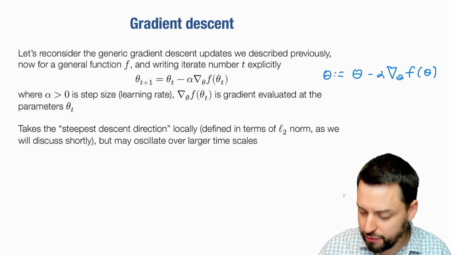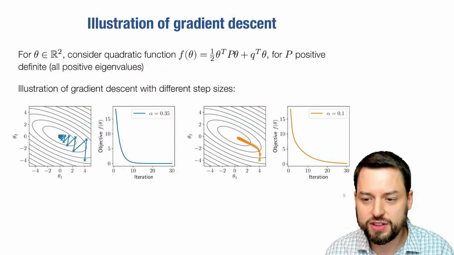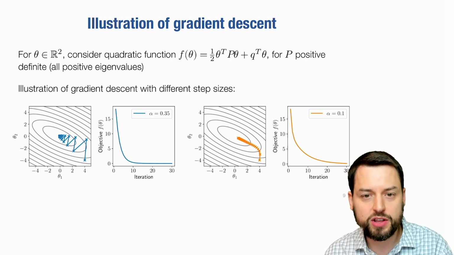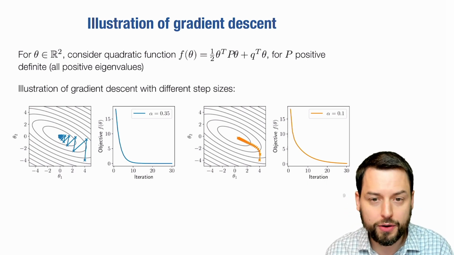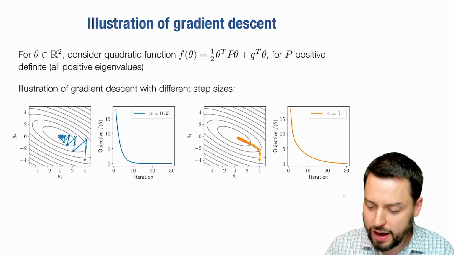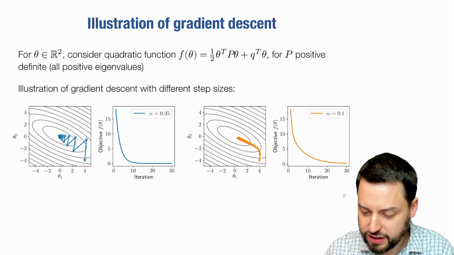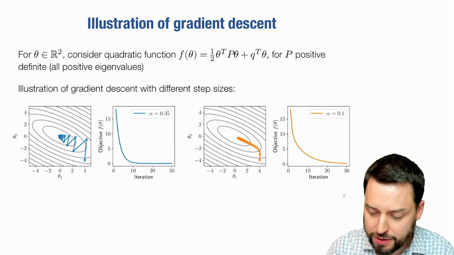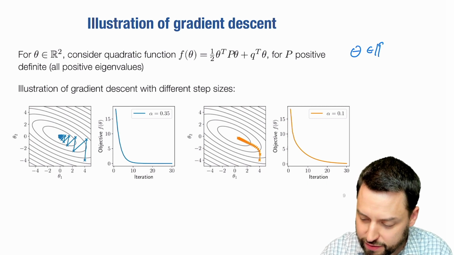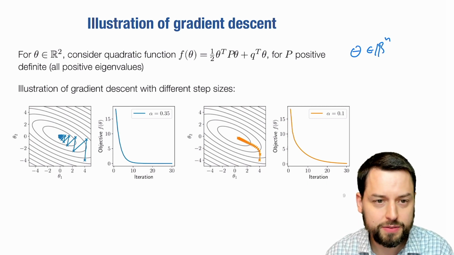That's the same as you've seen before. But now let's take a few more looks into this in a specific case, because we're going to use this case when we talk about other optimization methods. So I'm going to consider a very simple quadratic function that we're optimizing. I'm going to consider theta to be a two-dimensional vector, just so I can easily visualize these things.